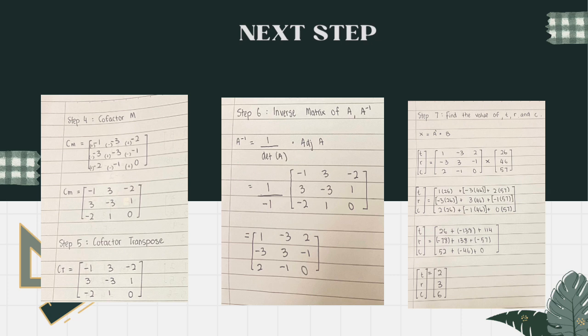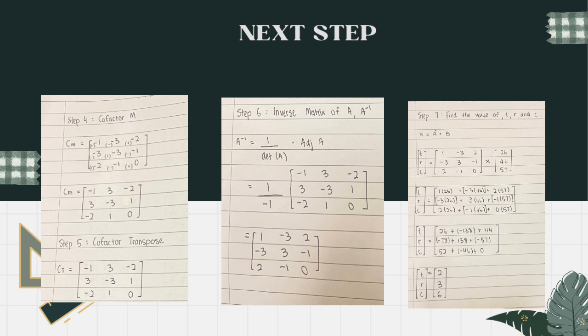Step 6 is we find the inverse of the matrix A, A inverse. The formula is 1 over the determinant of A multiplied by the adjoint of A. And we will get the matrix [1 -3 2; -3 3 -1; 2 -1 0].